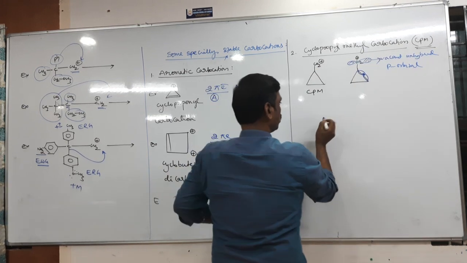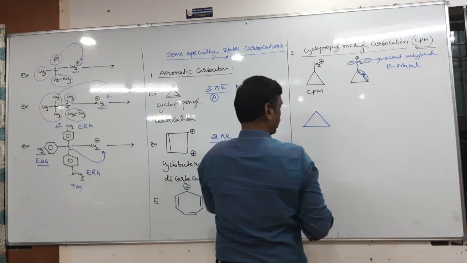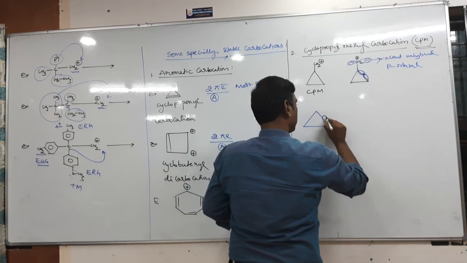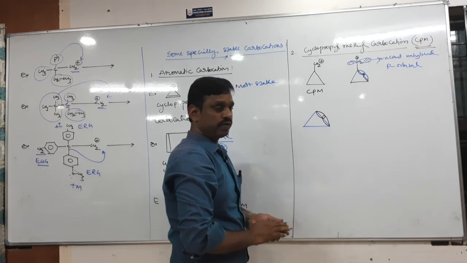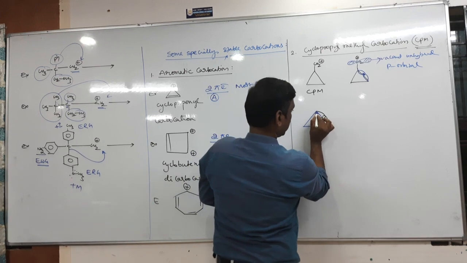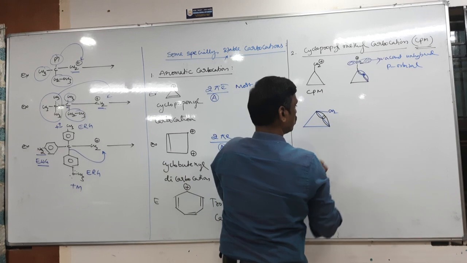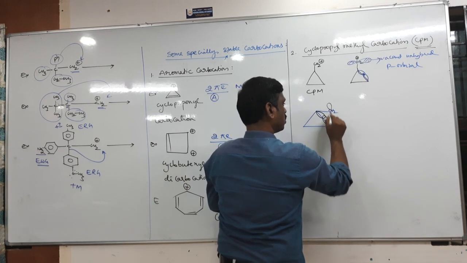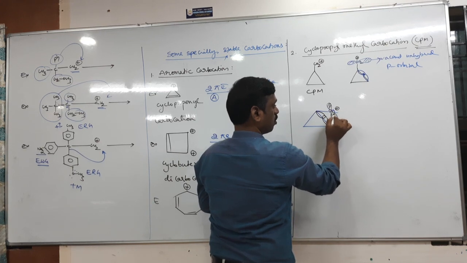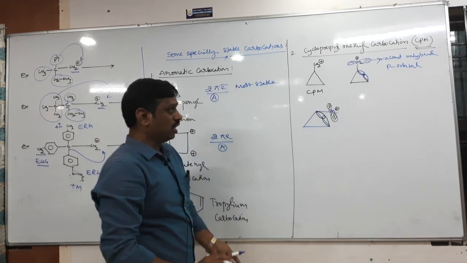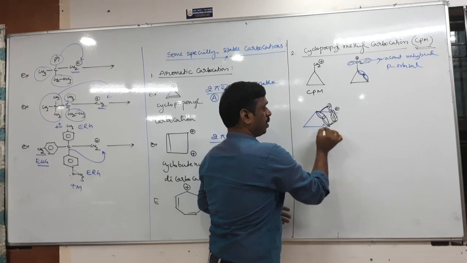How? You can write it in another way. This is a sigma bond of cyclopropane, and I will take the carbocation CH2 here, which has a vacant unhybridized p orbital. These two have partial overlapping.